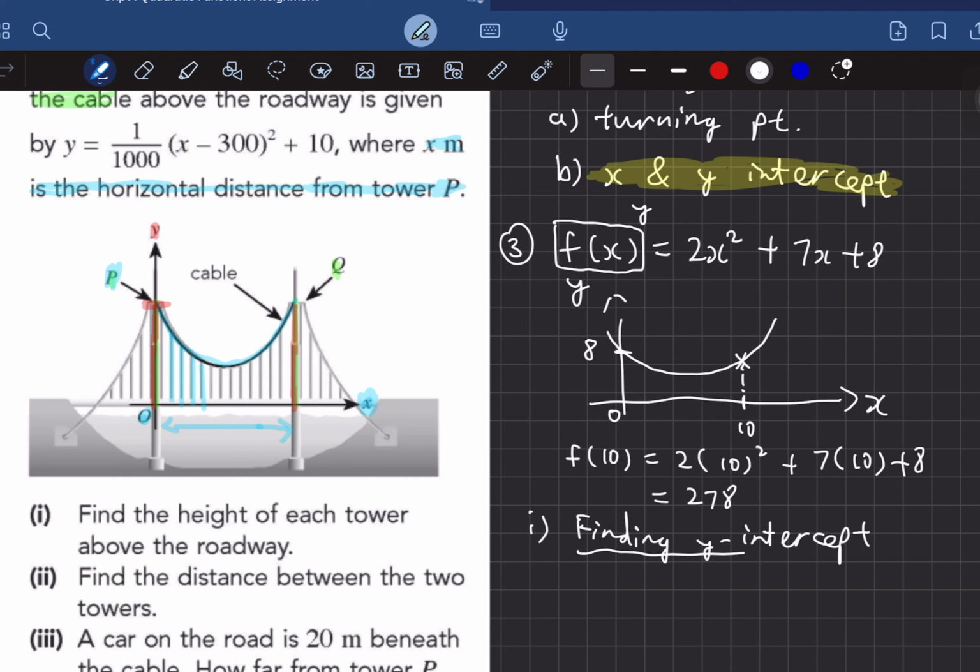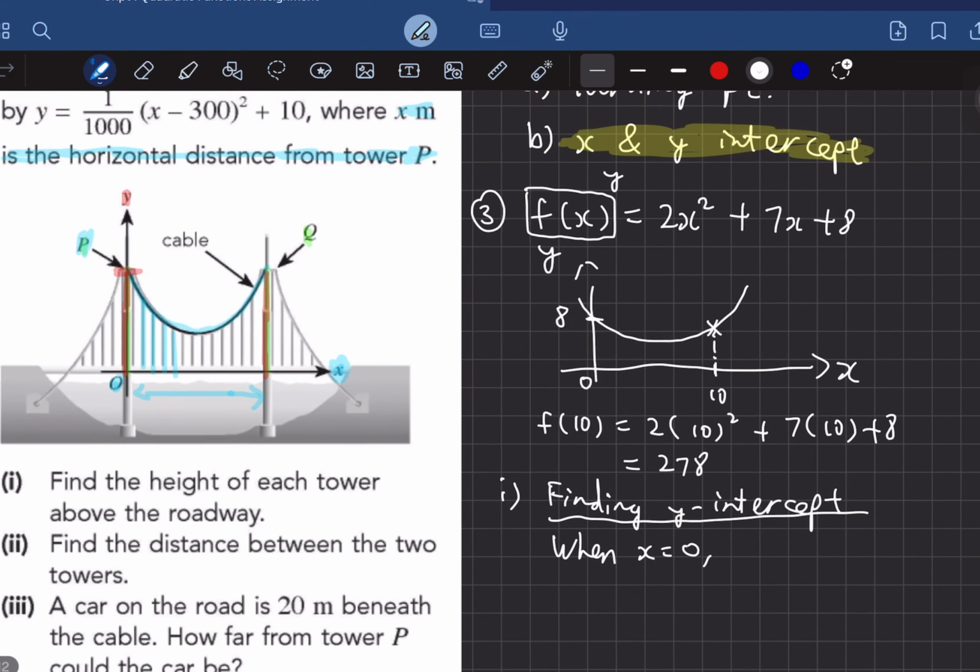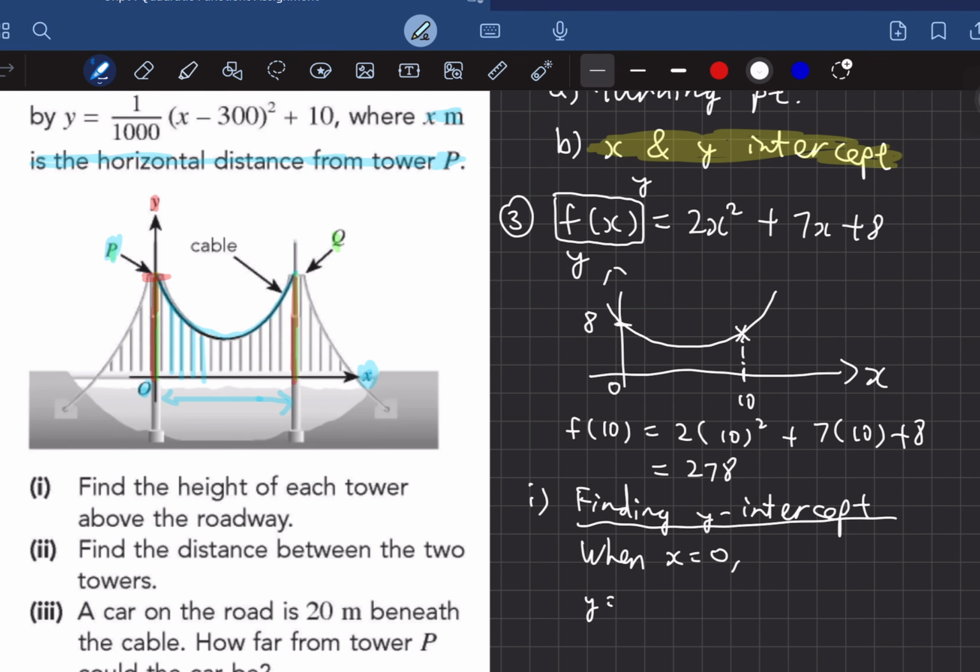So finding the y-intercept, I've gone through this. How to find the y-intercept is to sub x equals 0. So when x equals 0, y equals 1 over 1000 (0 minus 300) squared plus 10. Please do not expand the bracket of this function.